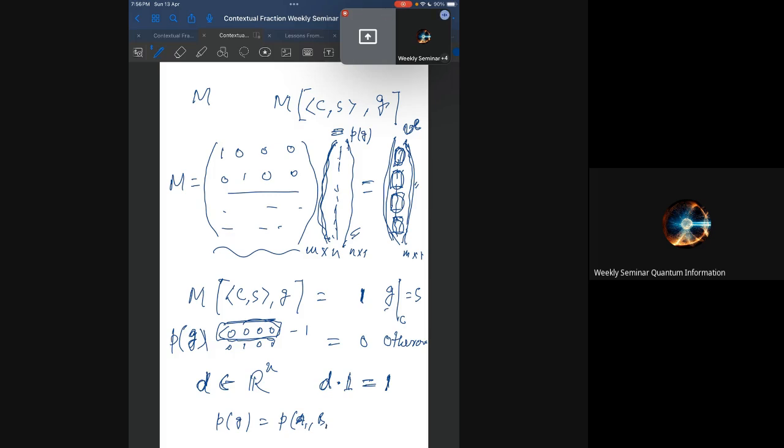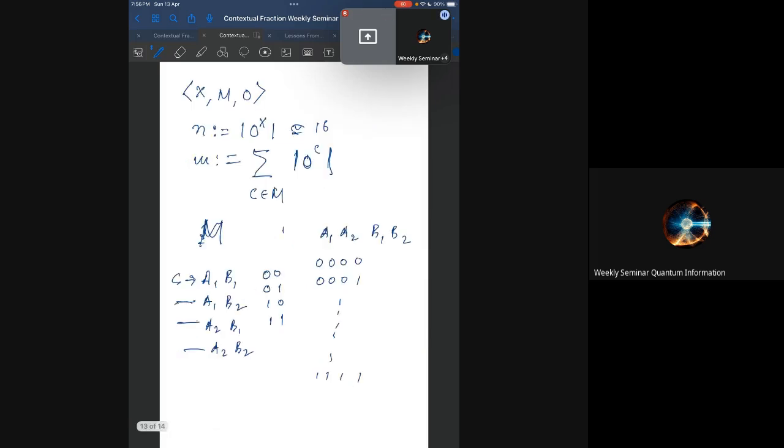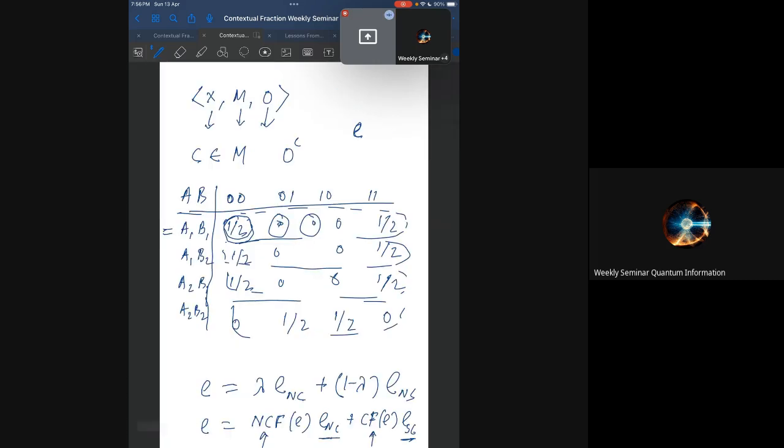Now go to your previous matrix in the PR box. Yes, this one. What is written inside, these elements, are actually P over 0 0 output given some AB, right? Yes, right.